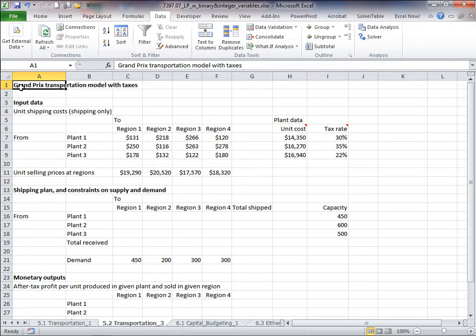The capacities of the plants, the demands of the regions, and unit shipping costs are the same as before, and in addition, the unit production cost and tax rates are also given.